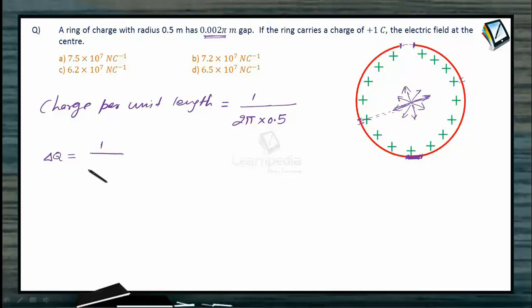So the charge per unit length is 1 upon 2 pi into 0.5, multiplied by the length of the segment, which is 0.002 pi meter. So the value of the charge is around 0.002 coulomb. So 0.002 coulomb is the charge on this cut portion.